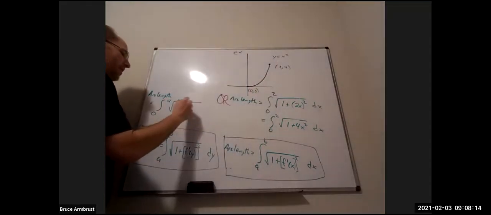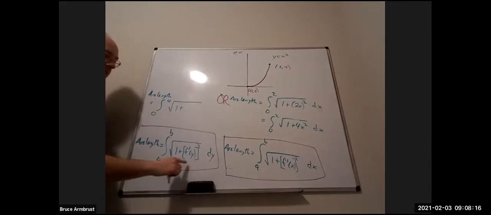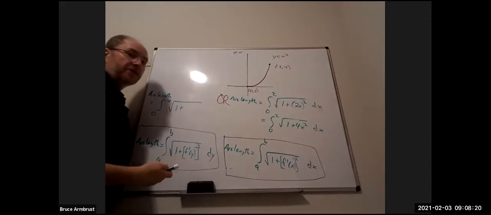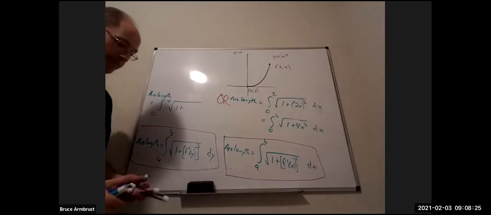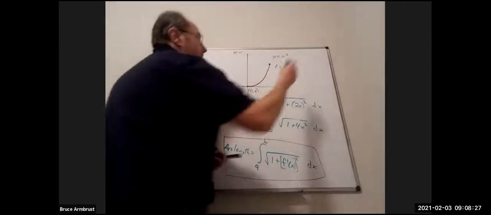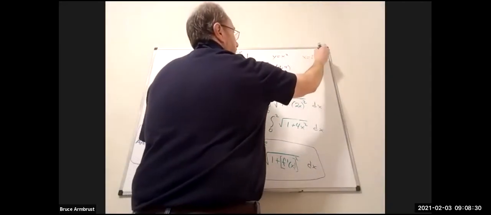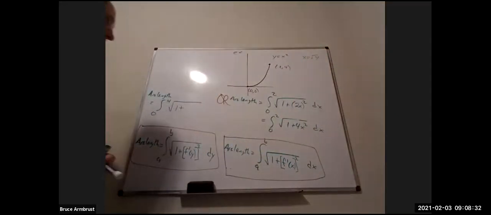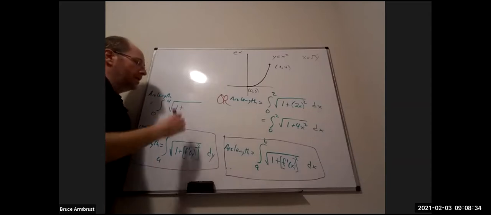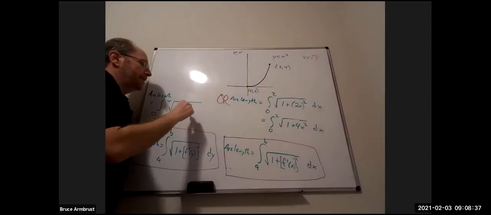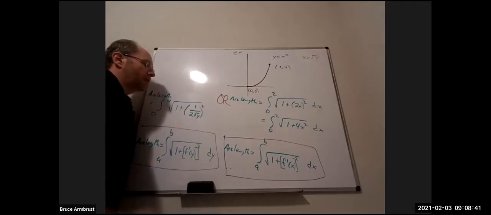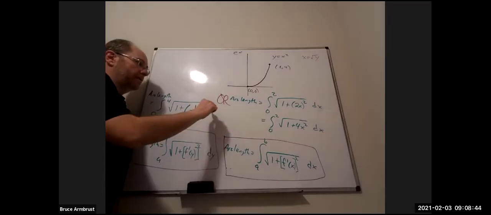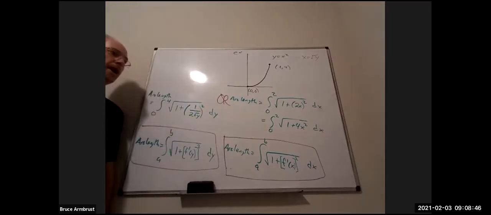We're going to have the square root of 1 plus. The question is what goes in there. Well, we need the derivative of the function as a function of y, which means I need to solve this for x. If I solve this for x, I get x equals the square root of y. So the derivative of that is going to be 1 over 2 square root of y, squared, dy.